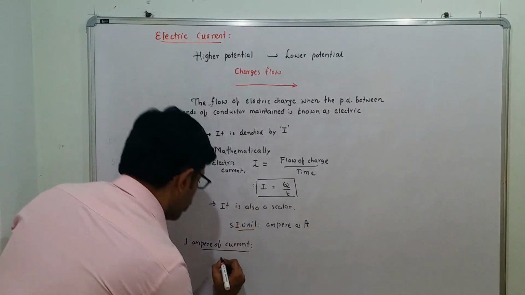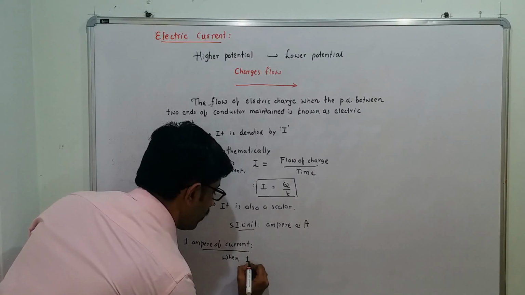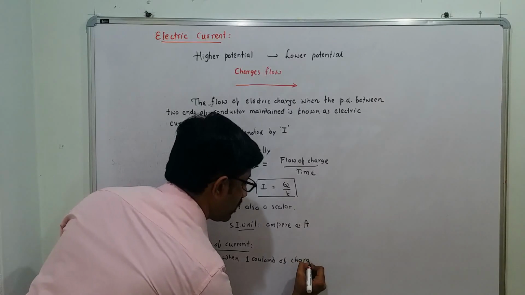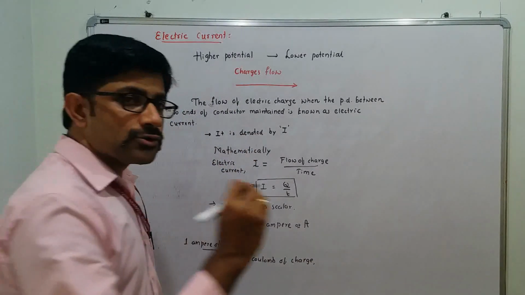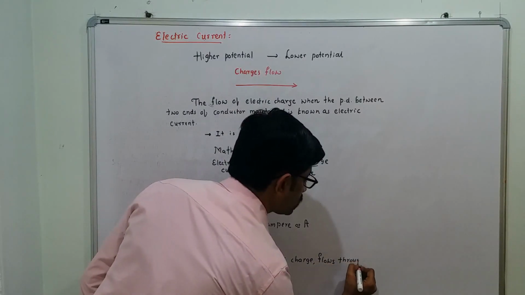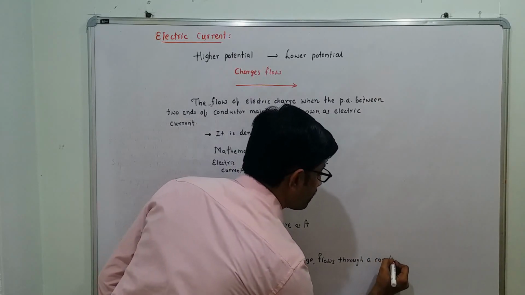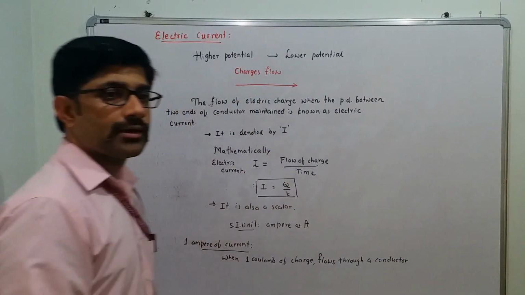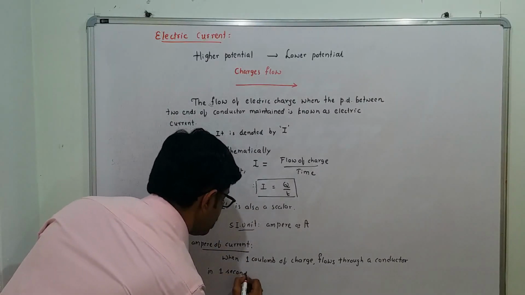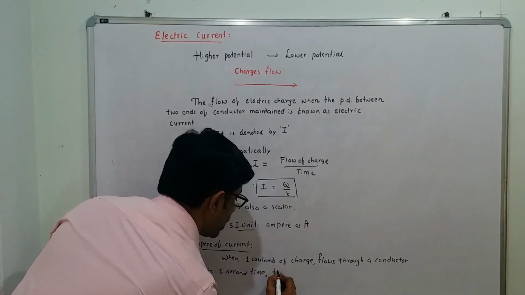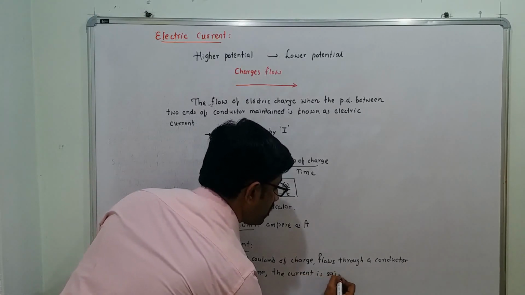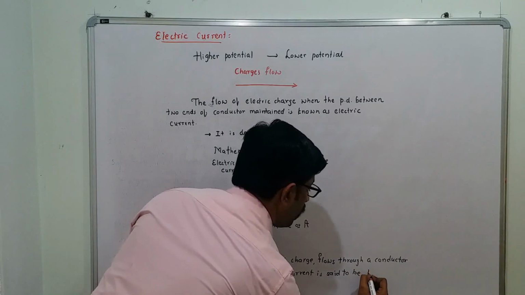When 1 coulomb of charge flows through a conductor in 1 second of time, the current is said to be 1 ampere.